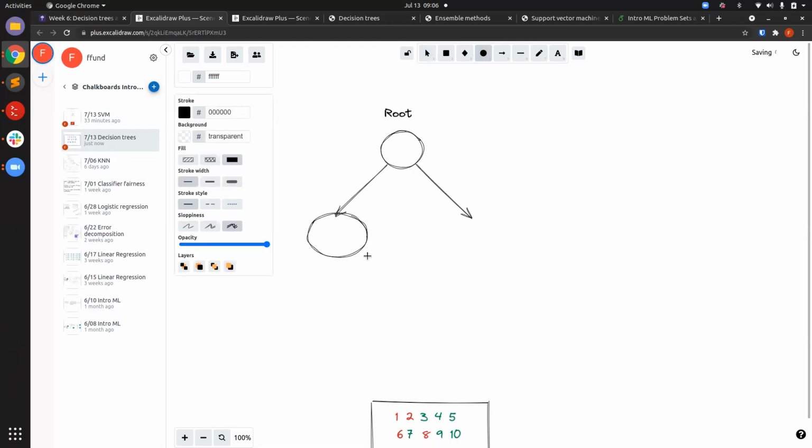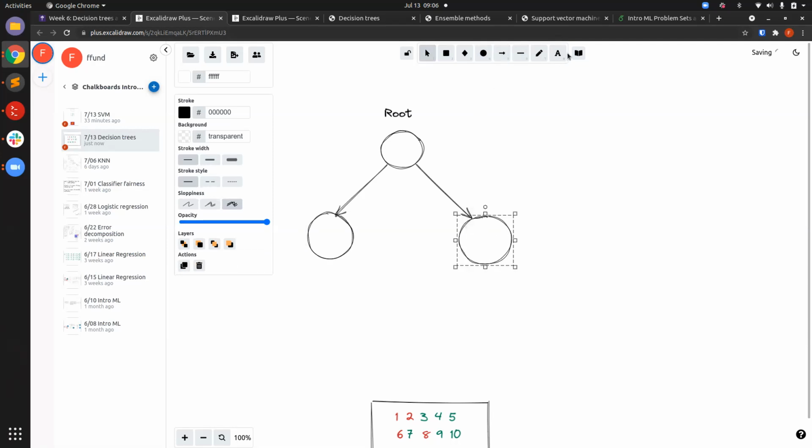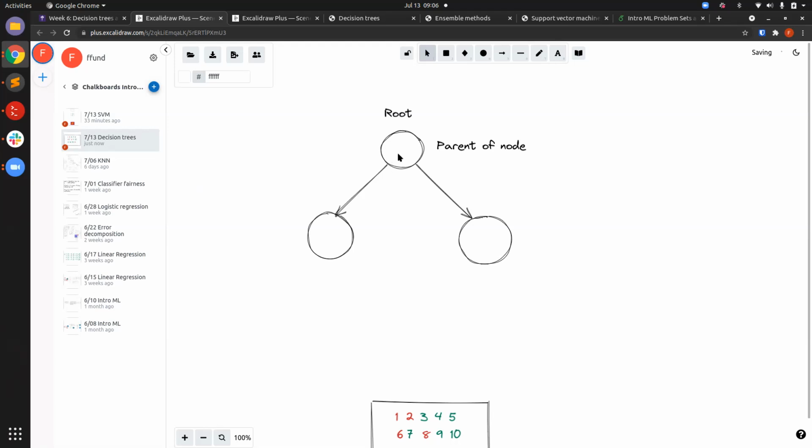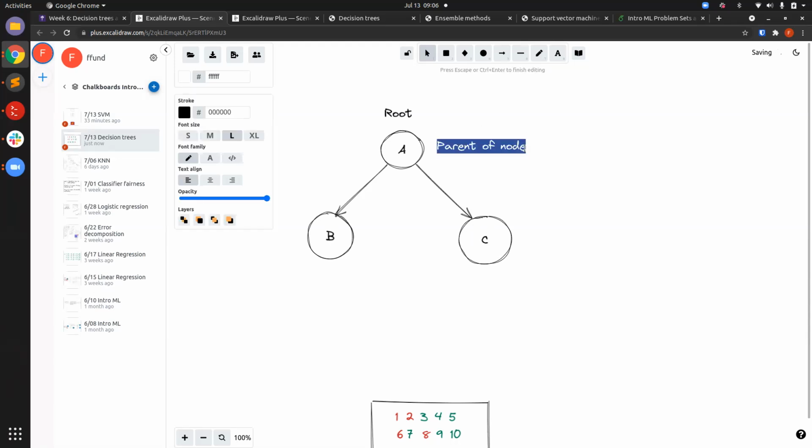And now this node has two child nodes. Let's give them labels. A, B. So A is a parent of node B and node C. Okay. And B and C are children of node A.